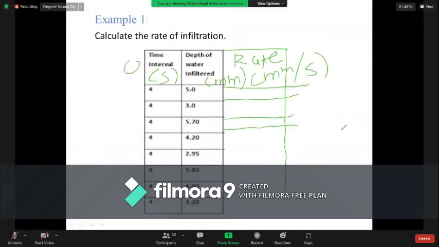First they start from 0 on the stopwatch. Then this is 4 seconds, 8 seconds, 12 seconds, 16 seconds. Normally in the recordings, it's like this. The time is 0, 4, 8, 12. But for the time interval, we can directly give the interval between these two readings. It's 4.